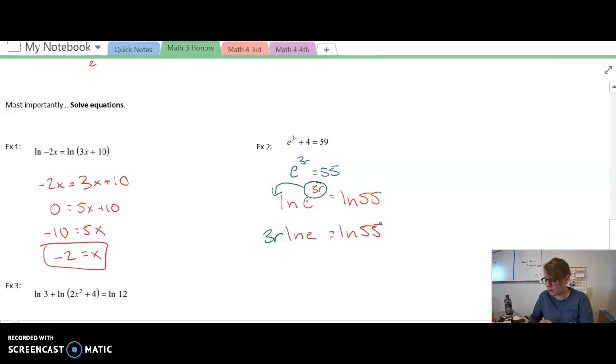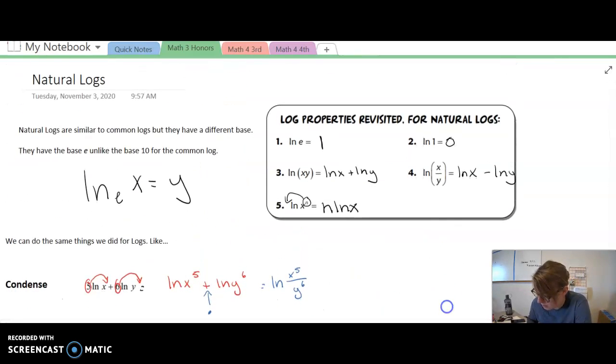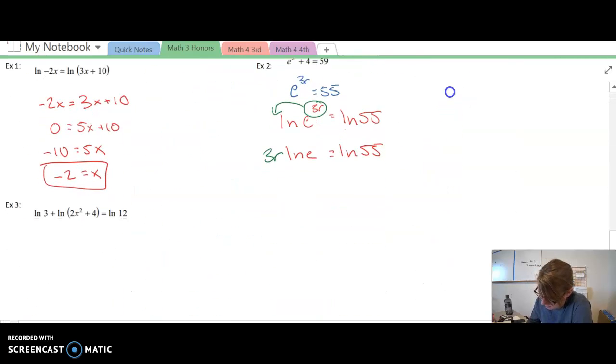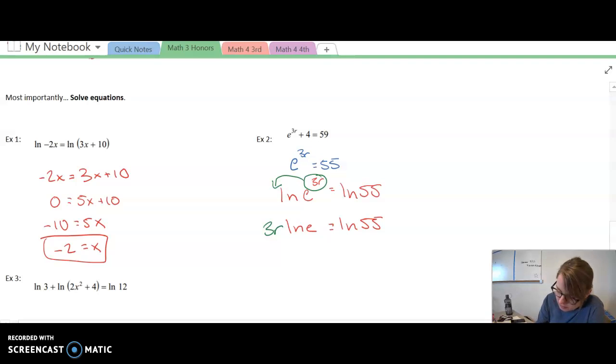And if we look back to our rules, we know that the natural log of e is 1. So right here, natural log of e is 1. So we can replace that natural log of e with 1, and so now we just have 3r equals natural log of 55. So our last step is to solve for r and get r by itself.